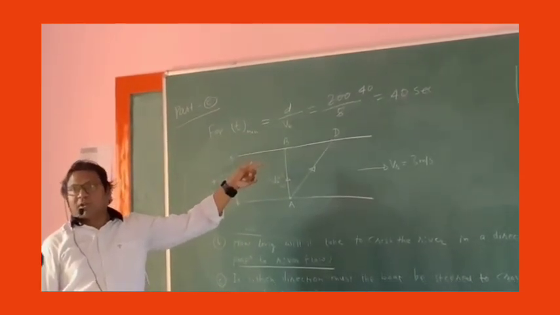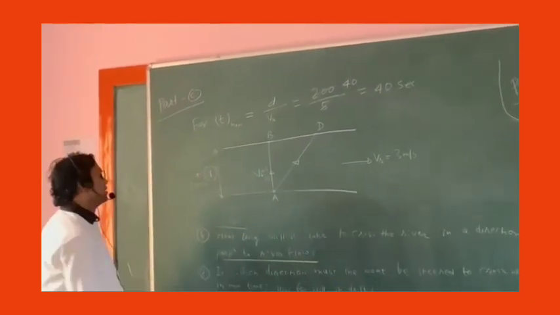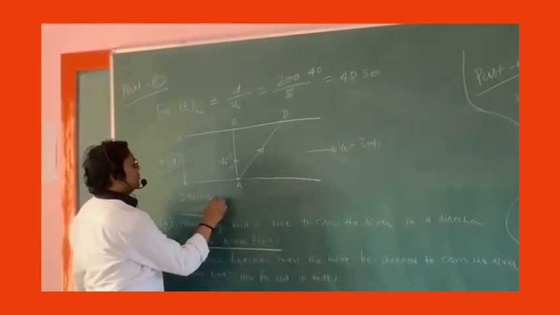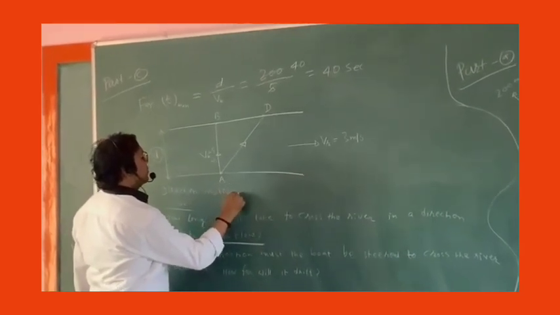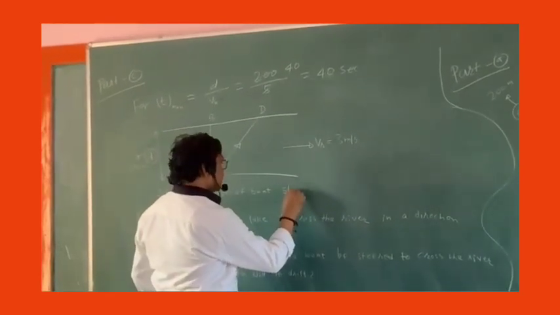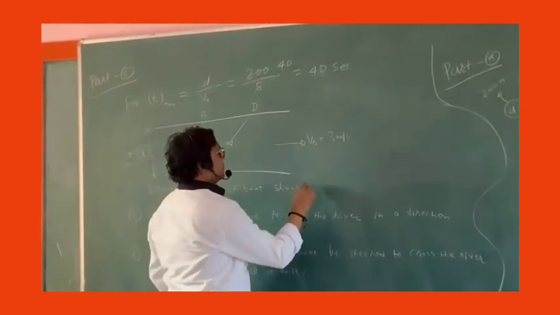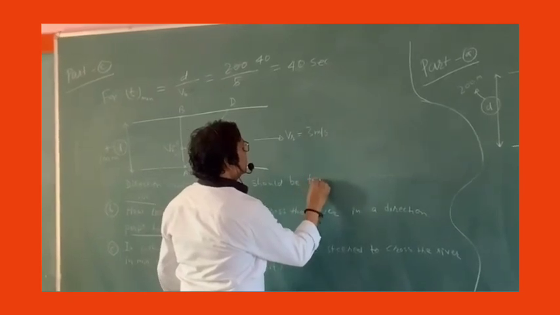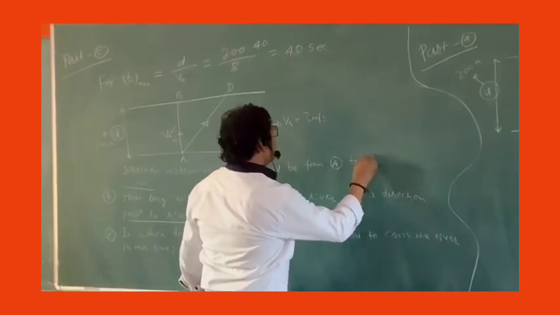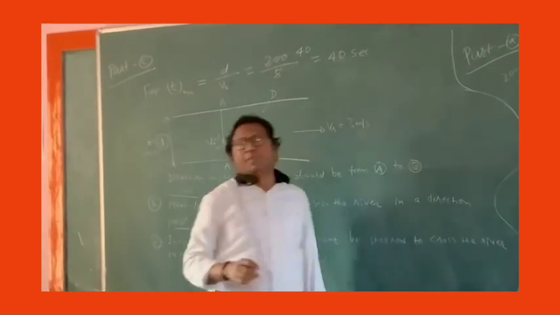So direction of boat should be straight from A to B. So direction of motion of boat should be from A to B. Okay, so it is straight from A to B.